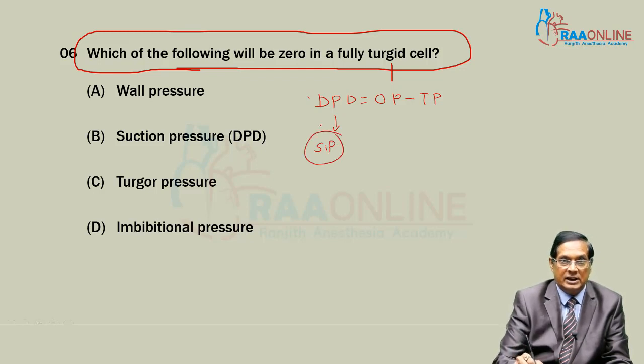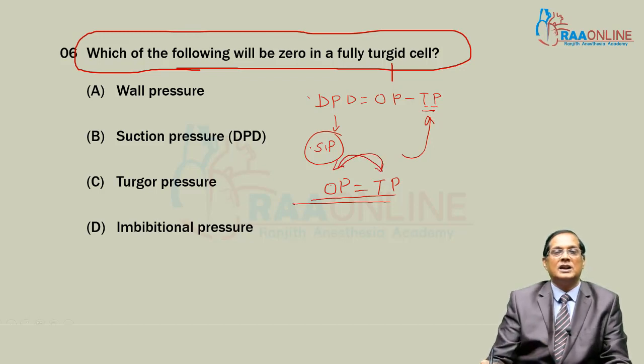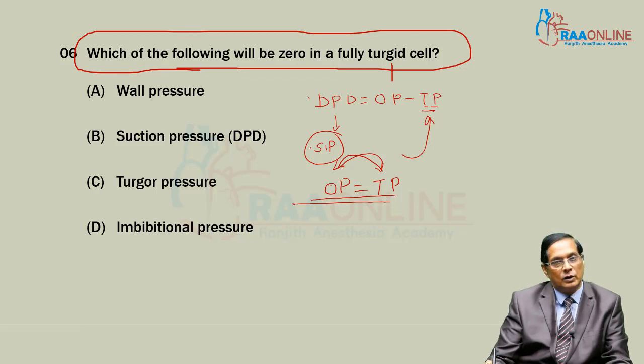So see, if the cell is fully turgid, that is with maximum water in it, in that case its OP becomes equal to TP. In a fully turgid cell, its osmotic pressure becomes equal to the turgor pressure, then the cell does not require any more water.